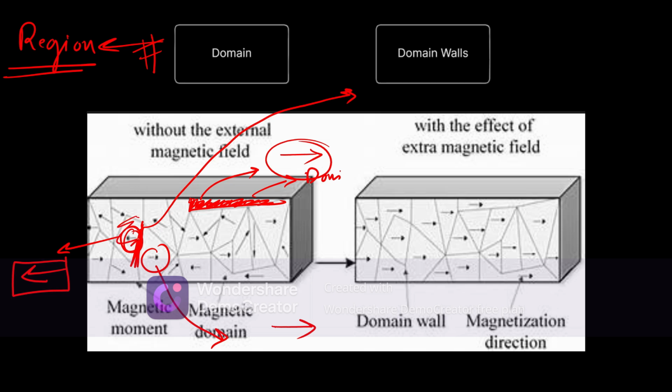In this region the dipole direction is this, and in this region it is this, so the wall separates these two directions. The boundary between them is known as a domain wall.